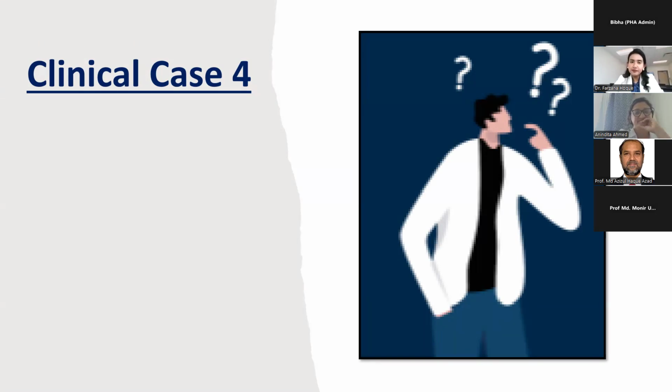Nitrofurantoin-induced lung injury, fortunately, is a rare but potentially serious and often life-threatening complication of the antibiotic nitrofurantoin, which we commonly use for urinary tract infection. It can be of acute, subacute, or chronic type.